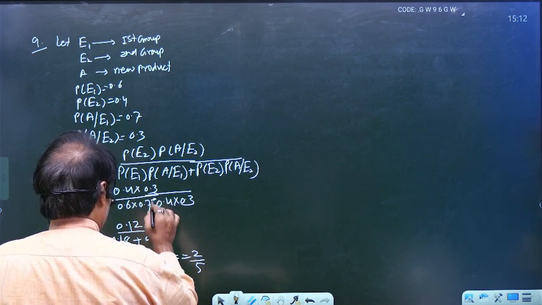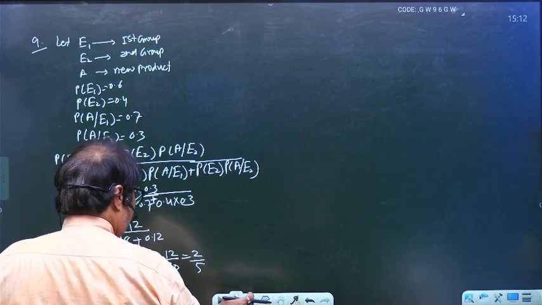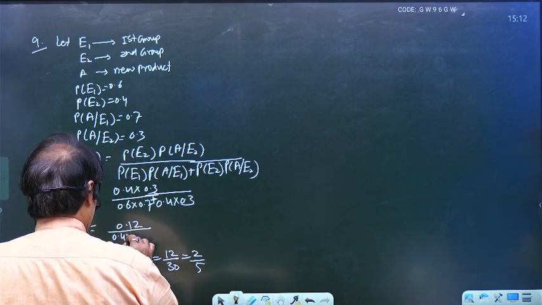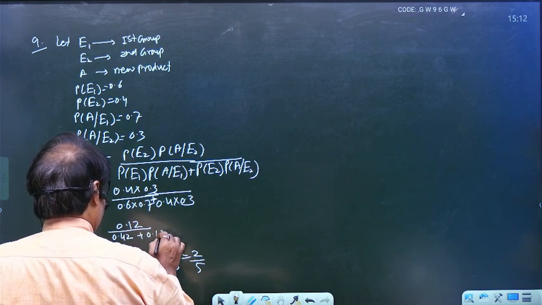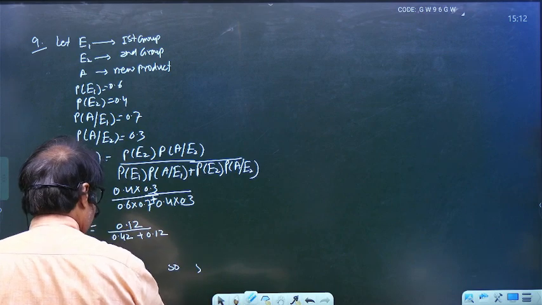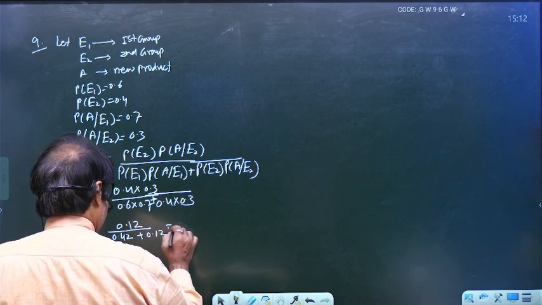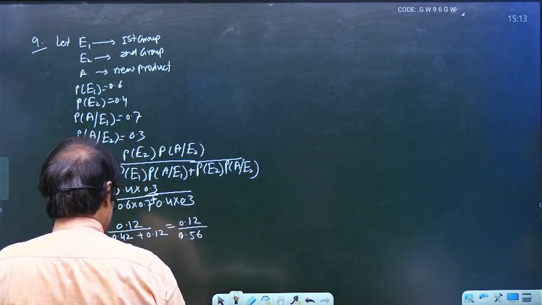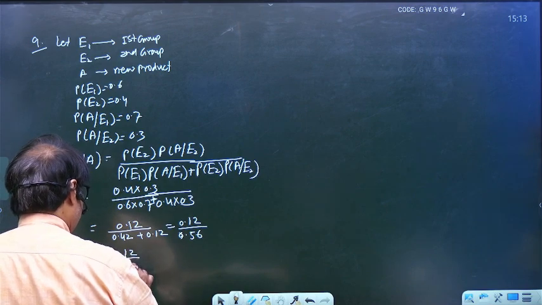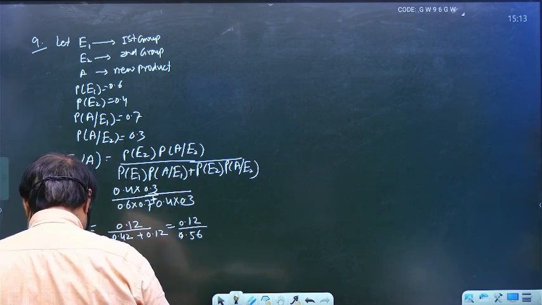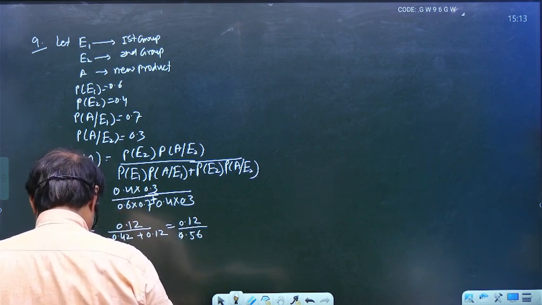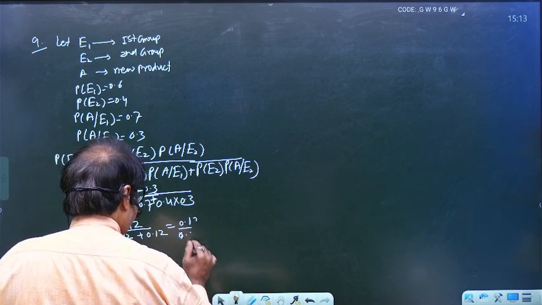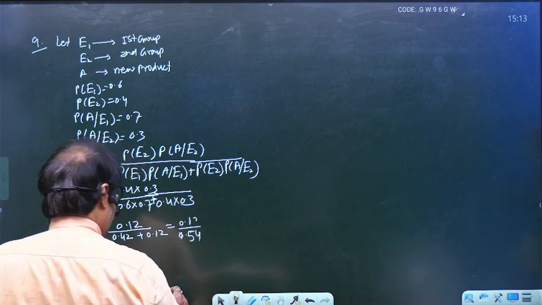Okay, and plus, so it should be 0.42. 0.42 plus 0.12, so now this will be 0.12 divided by 0.54.